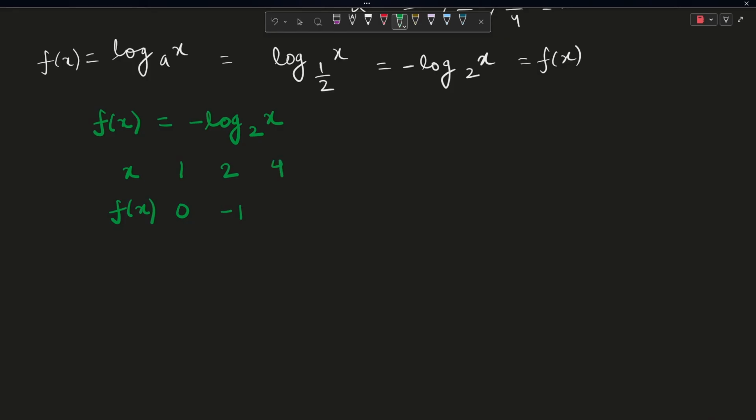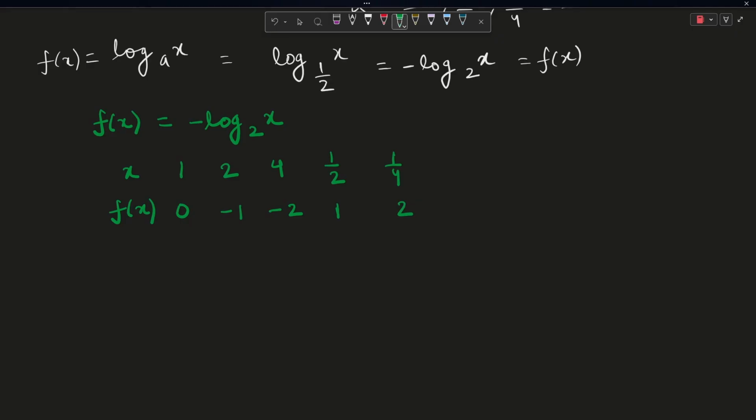If x is equal to 4, then the answer will be minus 2. If I take x is equal to 1 by 2, then the answer will be 1. I am assuming that you might know the logarithmic properties, that's why I'm calculating directly. If x is 1 by 4, then it is 2.